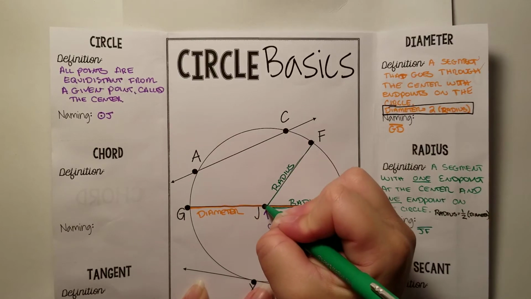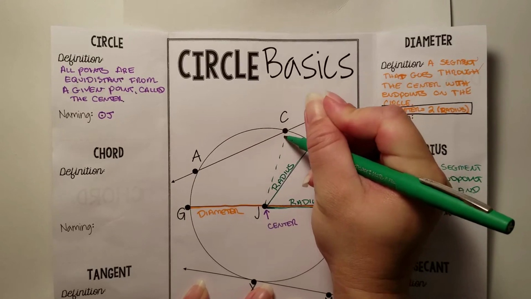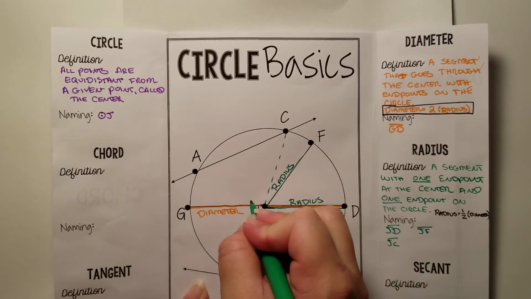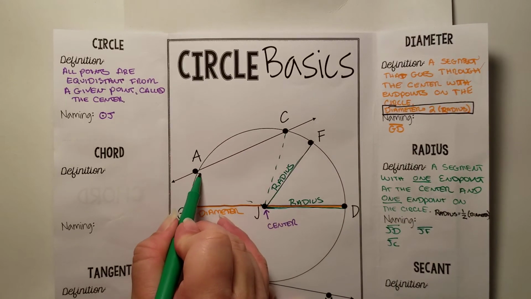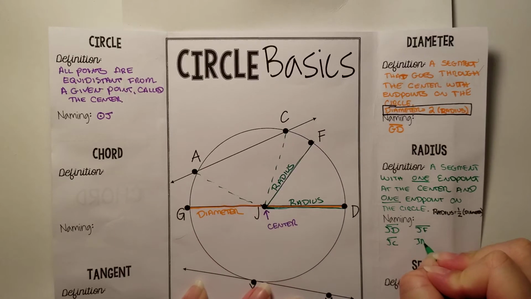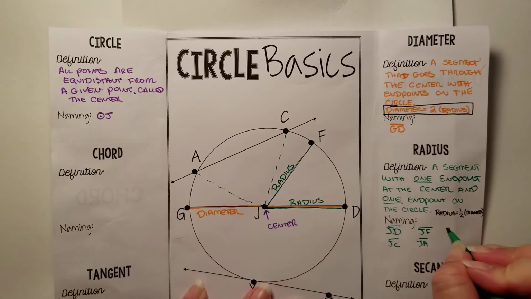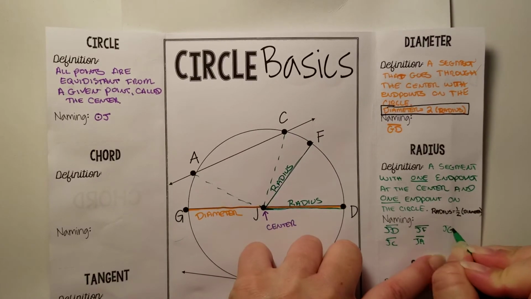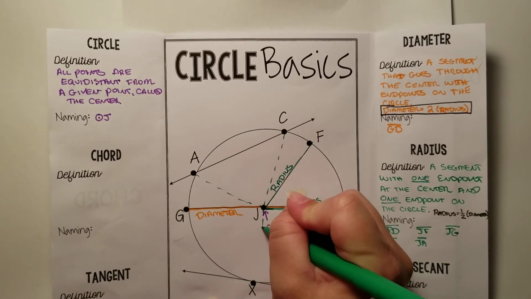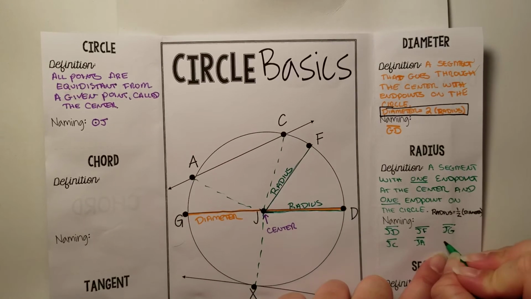And then we can make other ones. So again, even though it's not shown, we can have segment JC. That's a radius. JA out here is considered a radius. JG is a radius. And again, I can take it out here to this point on the circle. And I also have segment JX.